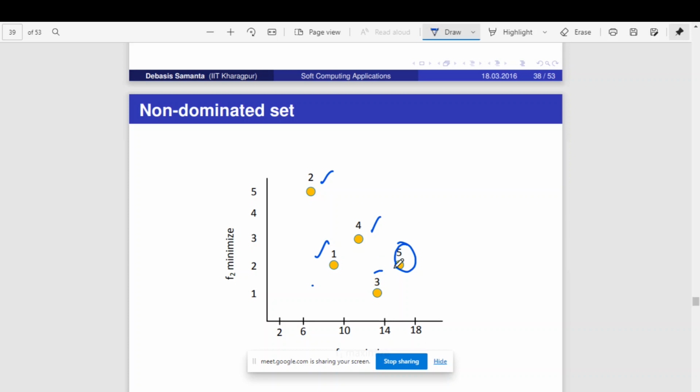When there is a Pareto optimal front, there will not be such a solution. 5 is not dominating everything because of 3, because both 5 and 3 are in the non-dominated set. So here we don't have a single solution which dominates everybody else.